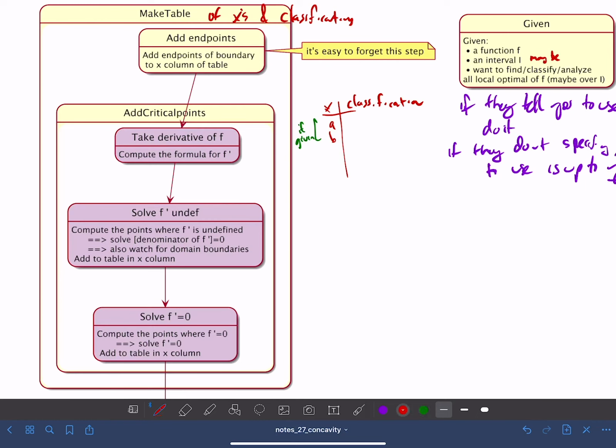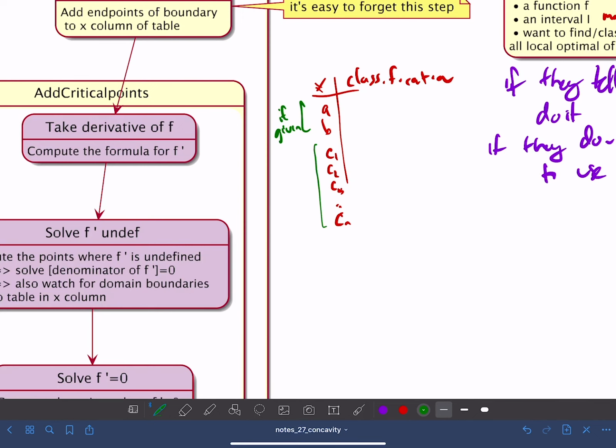And then after that, I'm going to add my critical points. Then I seek to make a classification, and what I want to put in here is min, max, or it might be an I don't know. We're going to have that for each of these, so a min, a max, or an I don't know. And these are all with the local modifier. I'm just omitting the word local because it is a lot.